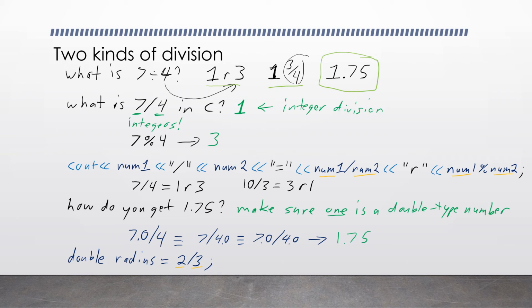Your radius is going to be 0. What you have to do instead is write 2.0 over 3.0, and then you're guaranteeing that the computer will do floating point math and get you the answer you actually wanted.